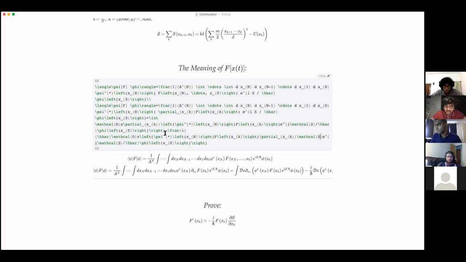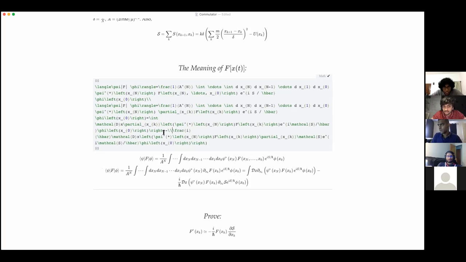Okay, it ran over the line, sorry. So mathcal D x is the product of integrals of dx_n all the way to dx_1.